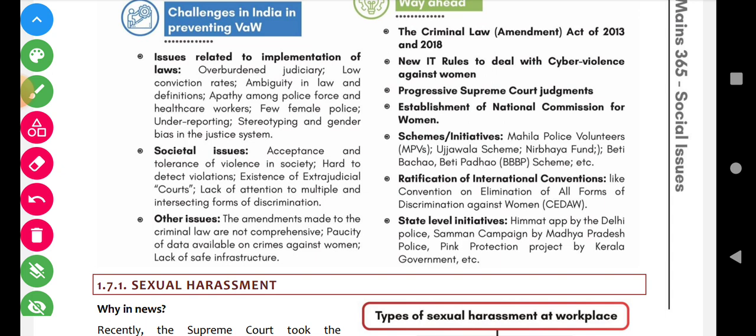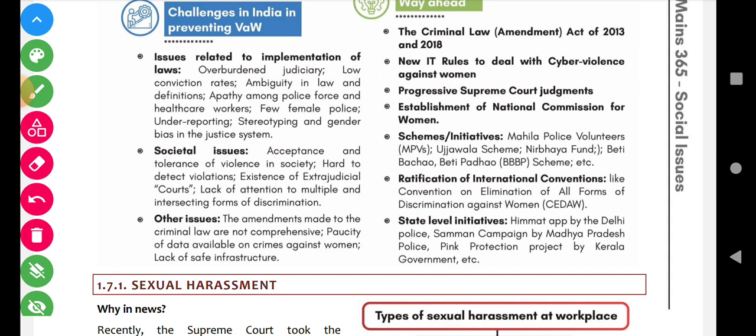Low conviction rates: many cases are registered, but very few result in conviction, and so there is no punishment for the accused.